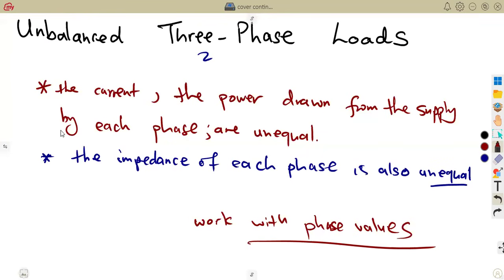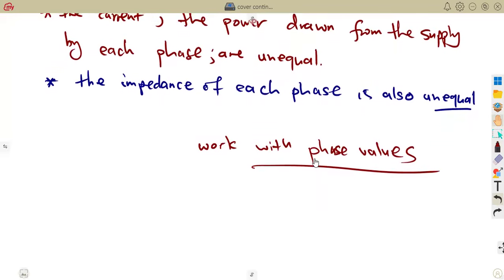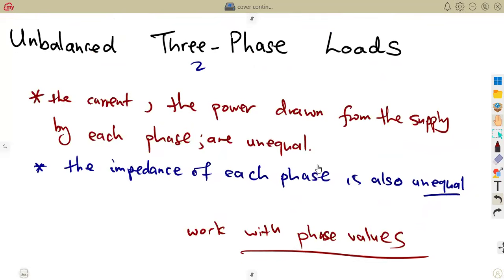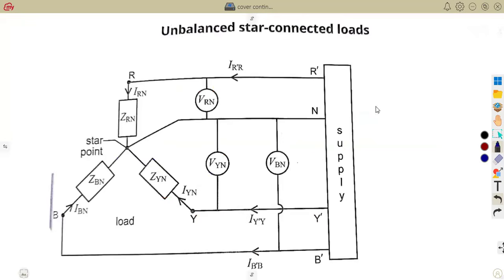So how do we consider these? We are going to start with an unbalanced three-phase star connected load. Then we are going to list the formulas that you need in your syllabus, considering unbalanced star connected loads.